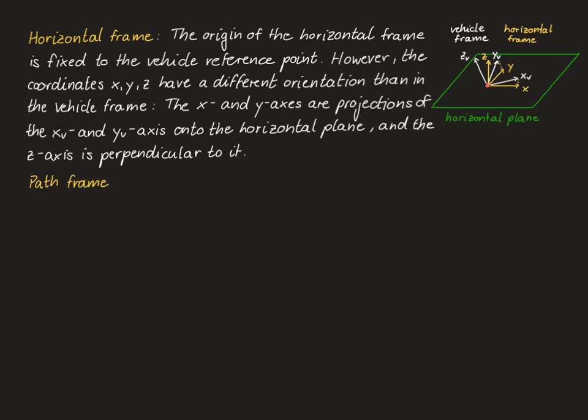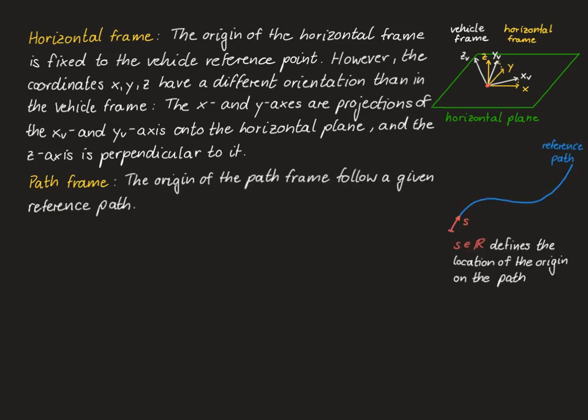The fourth and final important reference frame is the path frame. The definition of the path frame is based on a path that must first of all be given. And then the origin of the path frame is assumed to follow this given path. For a better illustration, let's look at this graphically.